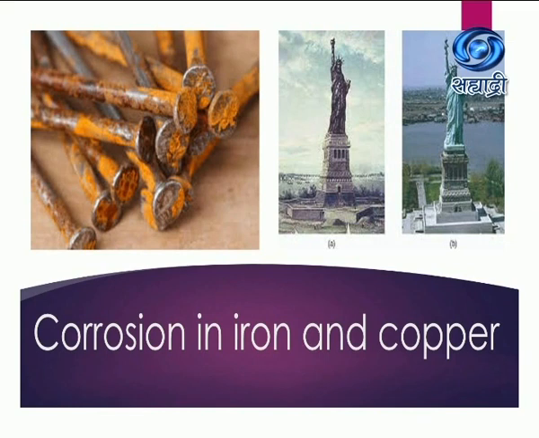Also, in the next figure, which is familiar to you, the Statue of Liberty is basically copper made, and because of corrosion it is now seen green in color. Otherwise, it is not green in color. So these are different examples of corrosion of iron and copper which we can experience.